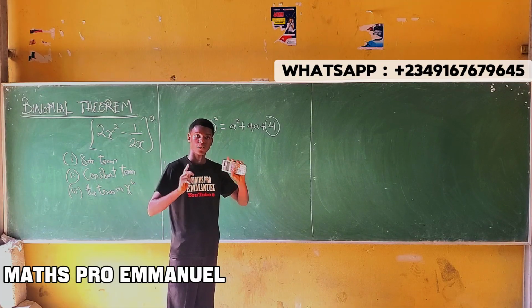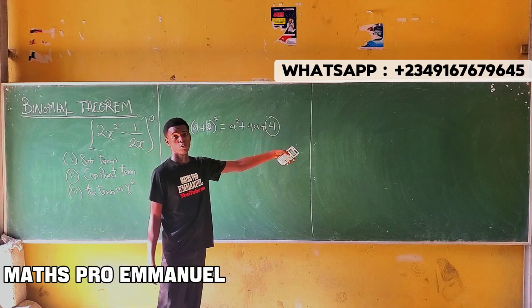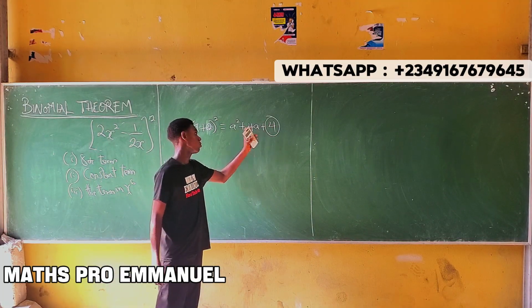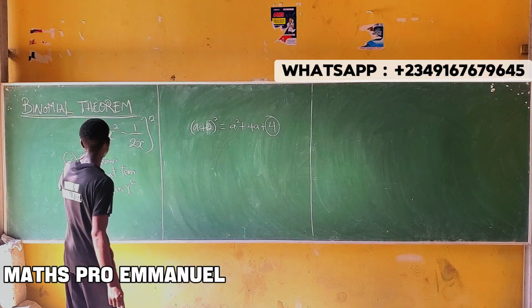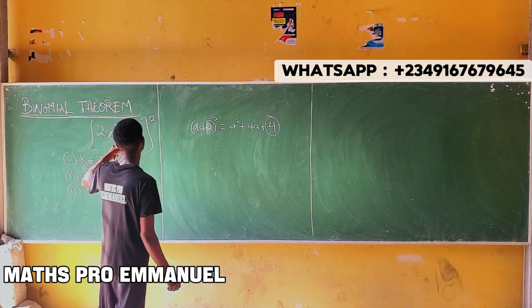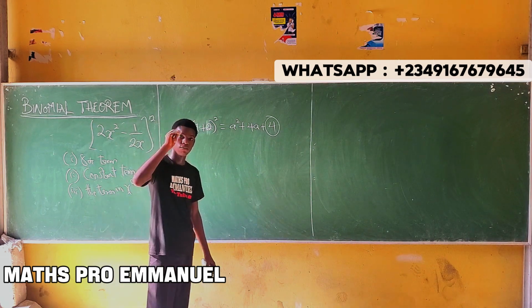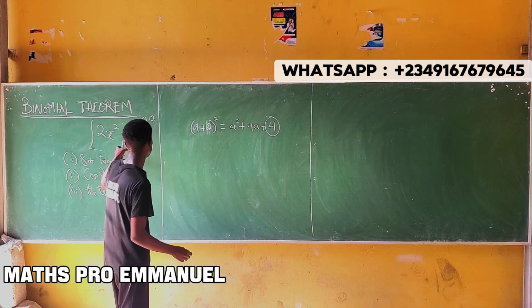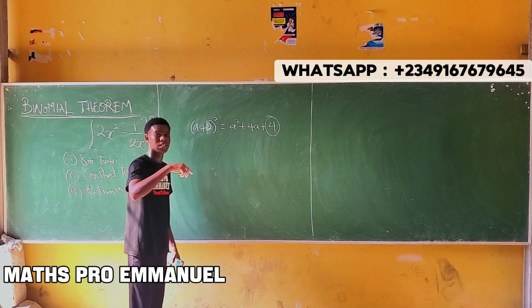Just have that in your head, that the constant term of an expansion is the one that has no x with it. So the constant term here is 4. So now let's go back to this original question. 2x squared minus 1 over 2x all raised to the power of 12. If I expand this, there will be a value inside the expansion that has no x with it. That one is now called the constant term.